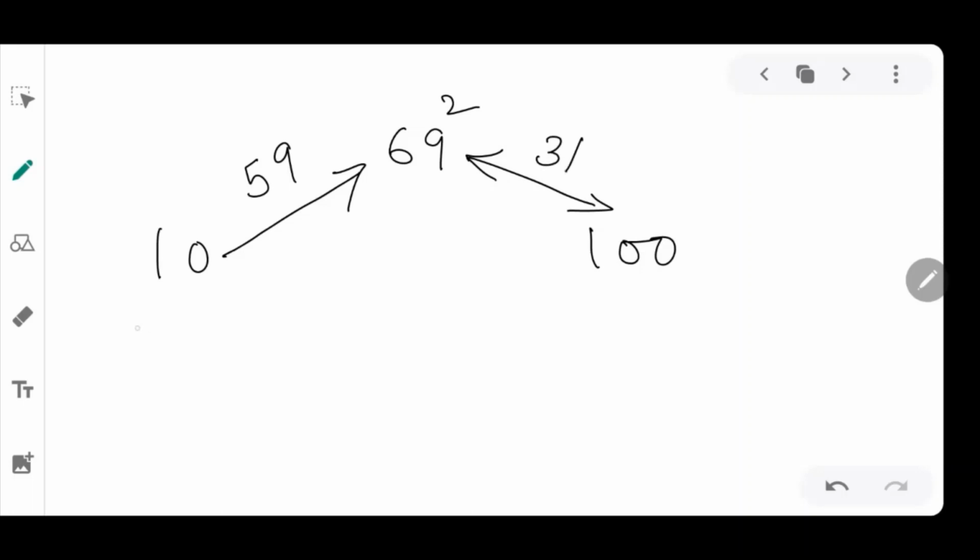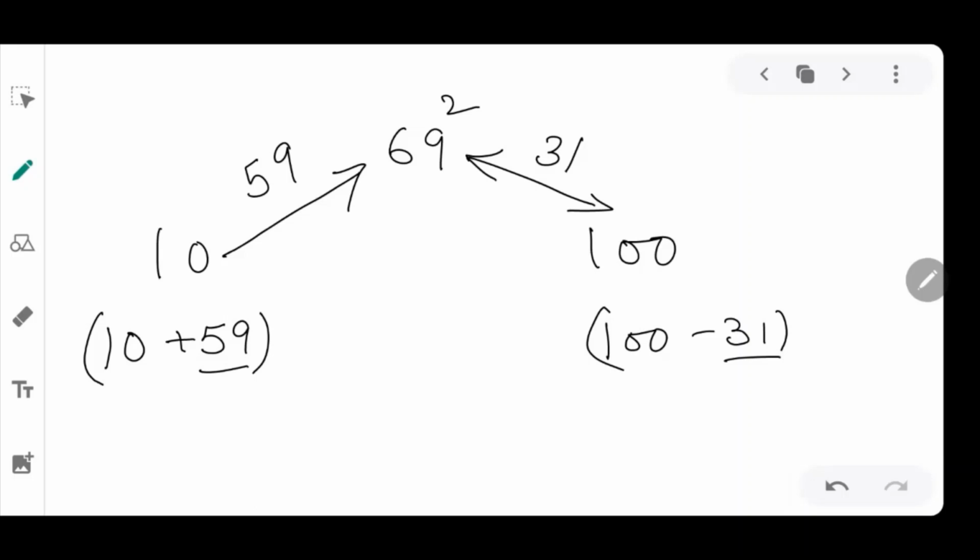Now either I have to write 10 plus 59 or I have to write 100 minus 31. Now the problem arises that 31 and 59 are both very big numbers. So this is a problem for us because the numbers are bigger than 25, and I have told you to remember the squares of 1 to 25 only.